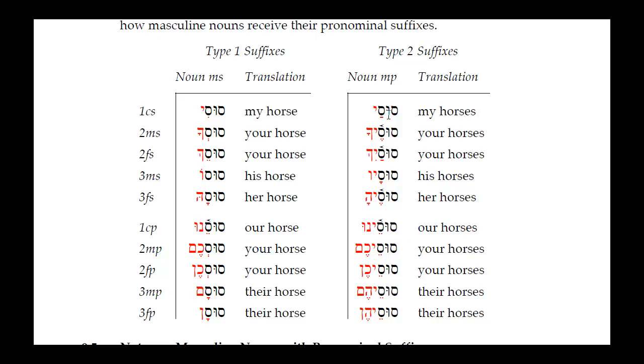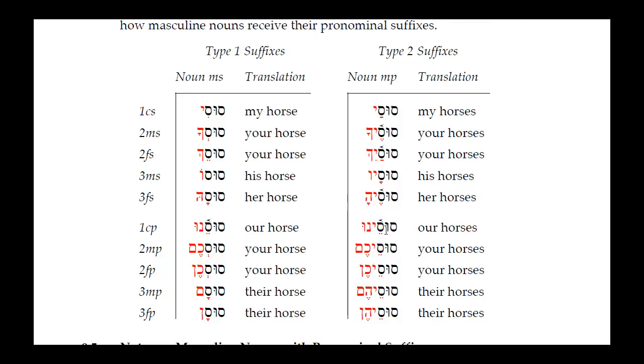So we have Susai, my horses, Susecha, your horses, Susaik, your horses, basically feminine, Susaiv, this is his horses, and then Susaiha is her horses.